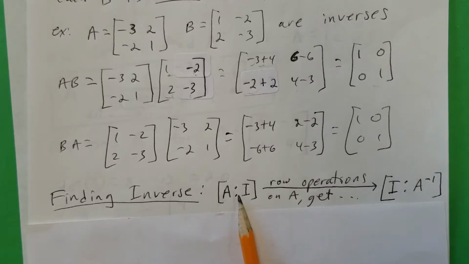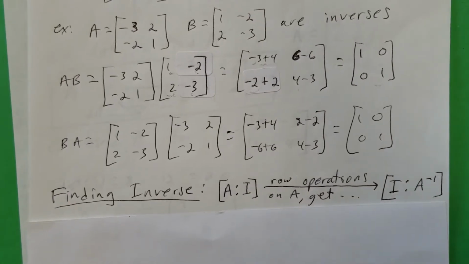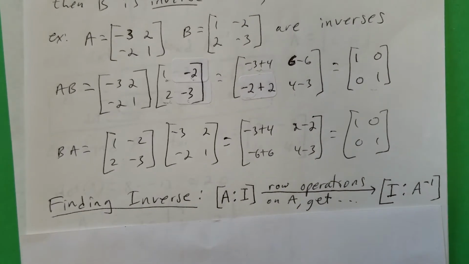Then you treat it as one giant matrix, and you do row operations on A to get I on the left, so the ones and zeros are on the left. Whatever you have on the right in the end is your inverse. Did you get all that? No? Maybe with the example.